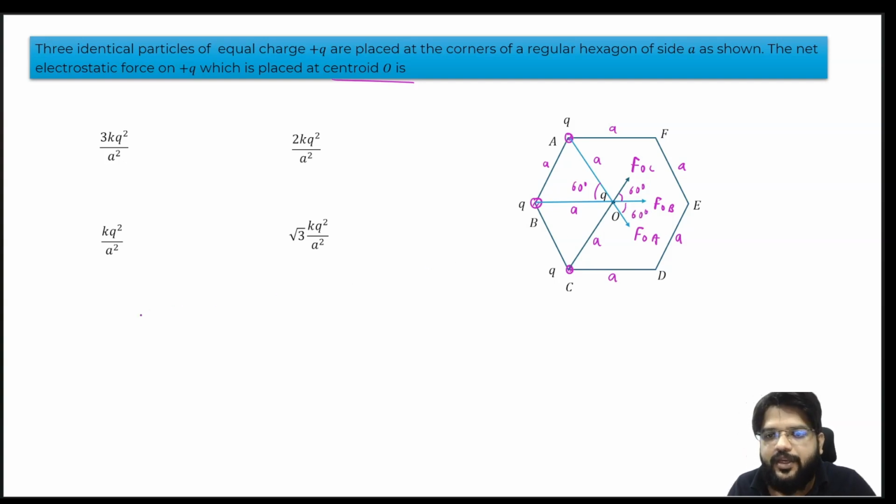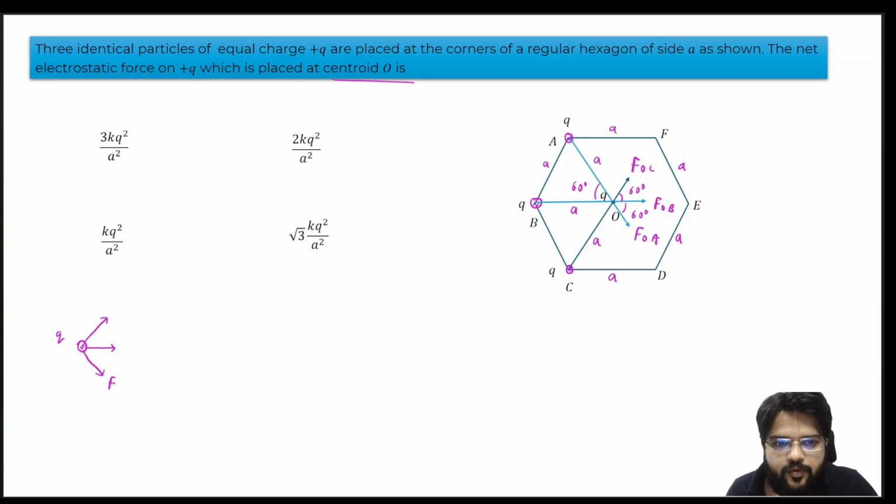Now what I am doing here, I am making the FBD of this Q charge, which is present at O. So this is the Q charge, everyone. And here we have FOC, FOB and FOA.